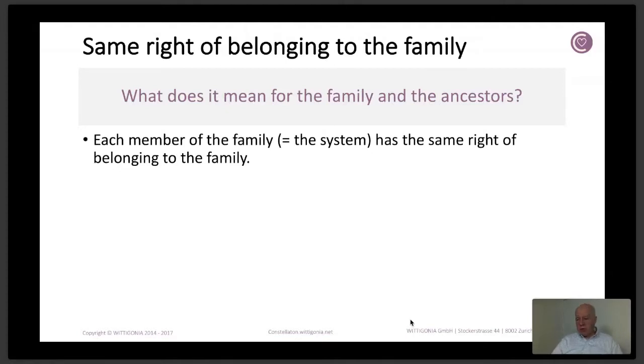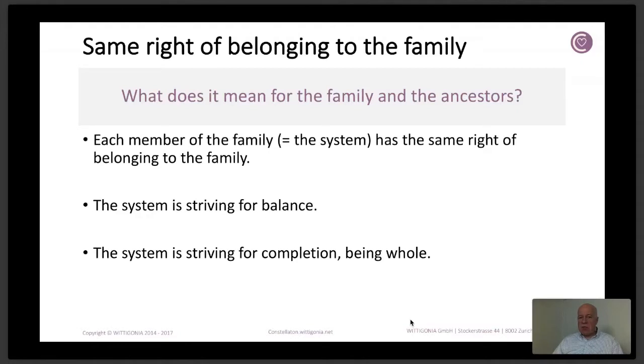So each member of the family, and family as a system, has the same right of belonging to the family. Secondly, the family system is always striving for a balance. Okay, so there's no better or worse, but it's also striving towards completion, so being whole again.